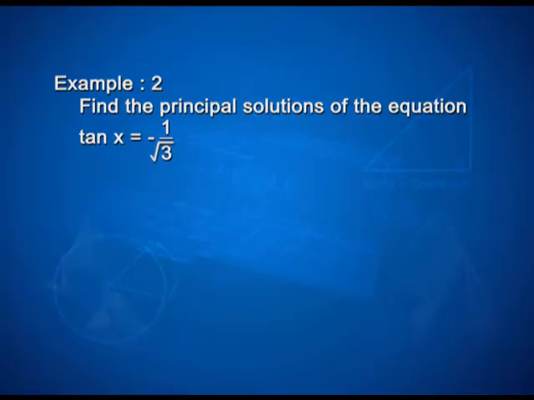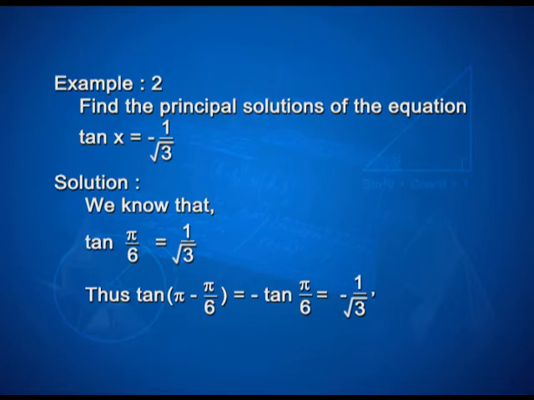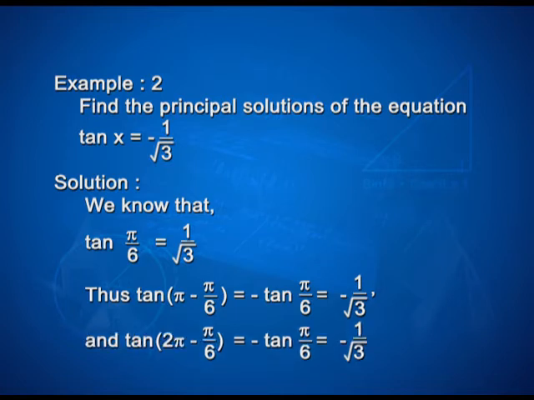Let us take one more example to find the principal solutions of the equation tan x is equal to minus 1 upon root 3. We know that tan pi upon 6 is equal to 1 upon root 3. Thus, tan of pi minus pi upon 6 is equal to minus tan pi upon 6, that is equal to minus 1 upon root 3, and tan of 2 pi minus pi upon 6 can be written as minus tan pi upon 6, that is equal to minus 1 upon root 3.